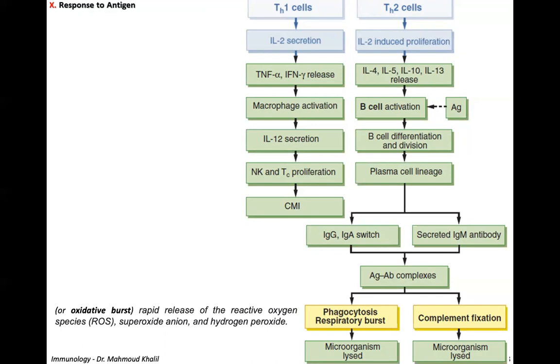If you remember, in our initial lectures, we said that these ROS, or reactive oxygen species, are one of the weapons of the immune system used to attack foreign antigens. So this will lead, of course, to the lysis of the microorganism. In the case of complement, both complement fixation and phagocytosis ultimately will lead to the lysing of the microorganism.